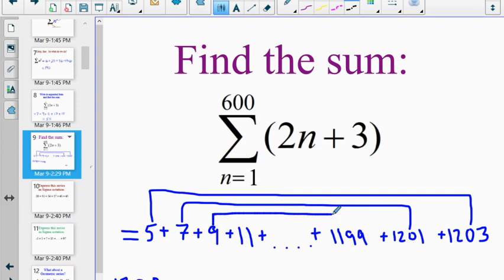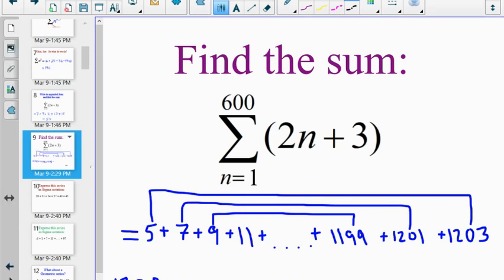And then 9 plus 1,199 gives us another 1,208. When I have an arithmetic series, we'll be talking specifically about arithmetic series on Monday. Actually, we might do both arithmetic and geometric. But anyway, when I have a series that's increasing by a constant amount like this one is, the pattern is going to hold. The sum of the first and the last is going to show up many, many, many, many times.